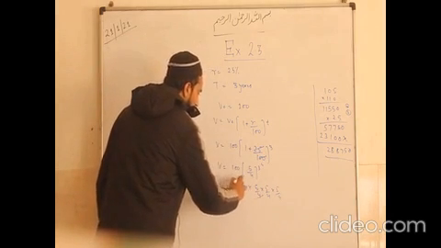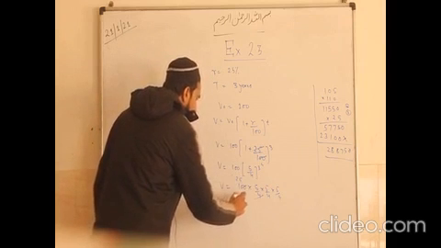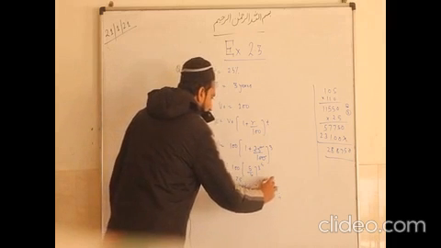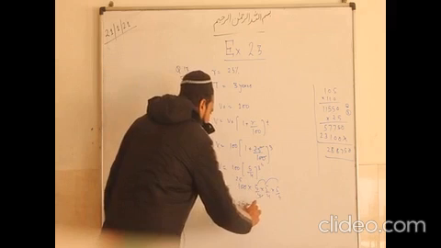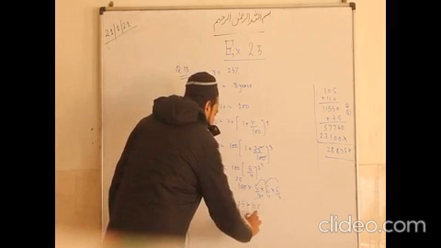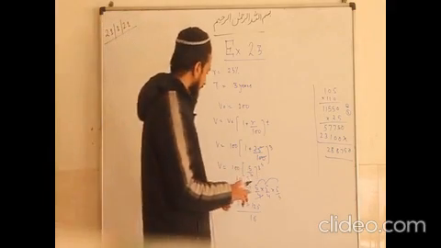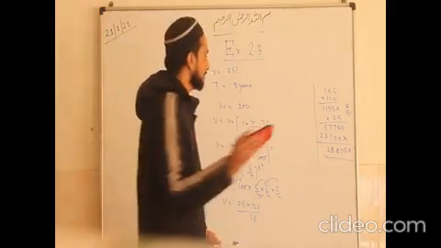It will be cancelled out by 25. So V will be, just multiply 25 into 5 times 25 into 5, 125 by 16. Now it is only calculation, we can multiply this.